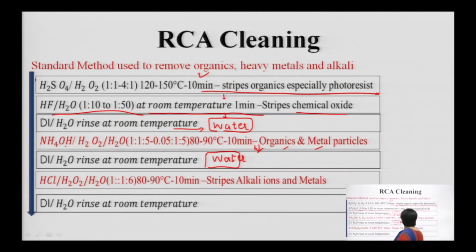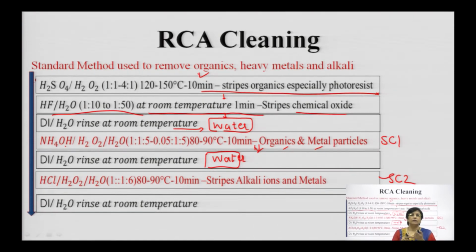This is my SC1, what we studied, and this is my SC2, what we studied earlier. So, SC2 is basically hydrochloric acid and hydrogen peroxide. This combination is being used, it will drive away all the alkali ions, and again after every process, this is a 3 stage process.